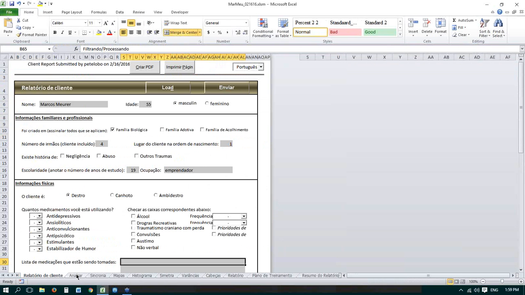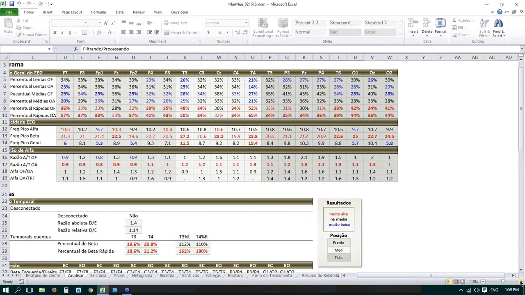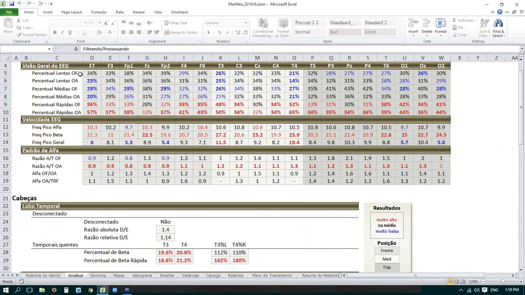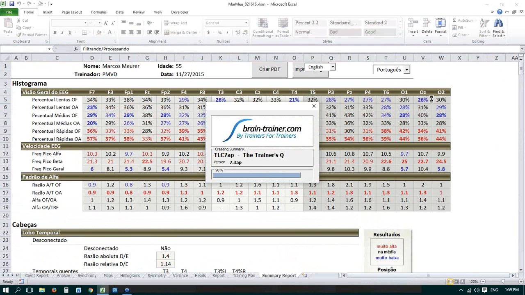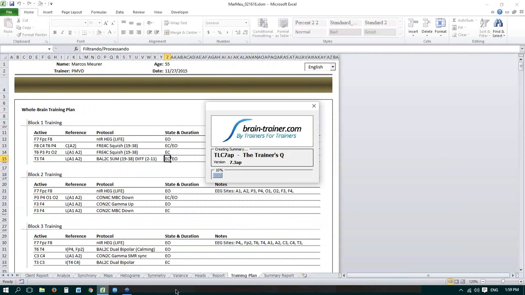So we could take a look at this very quickly, and we can see on the Analyze page, we have percent of... I'm going to switch the language here because this one's in Portuguese. So I'll just switch it to English, and now everything's in English.